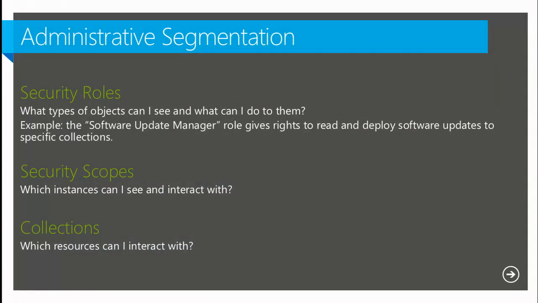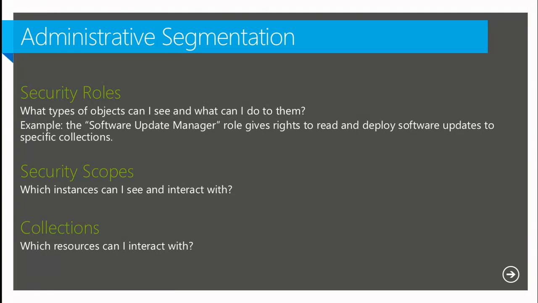We do this through the security roles, the security scopes, and the collections, and applying that to administrative users in Configuration Manager so that you can scope down your interface. I heard one person say, I just don't get it. I'm still in 2007. I've got the MMC console, and how's that going to work?